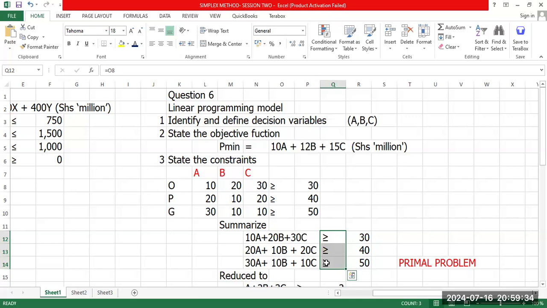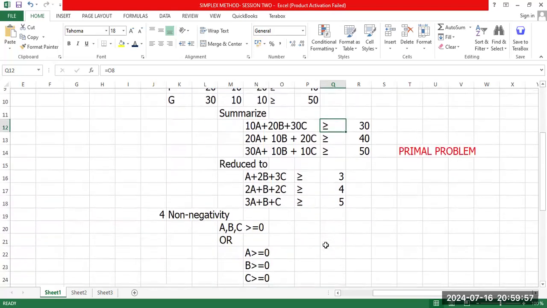If you realize that these were greater or equal to, at advanced level you may need to change them. Just have it in your mind that when you're dealing with maximization as your objective, try to make sure that your inequalities are less or equal to.